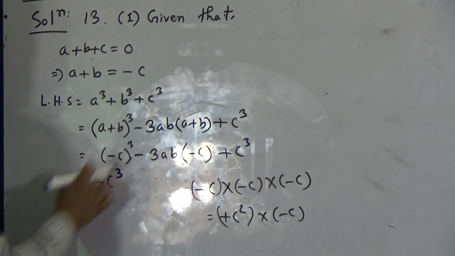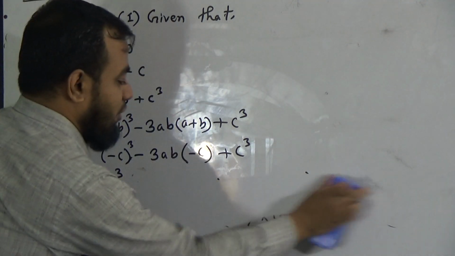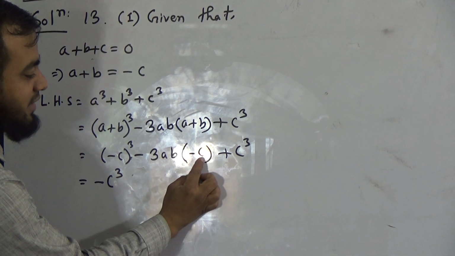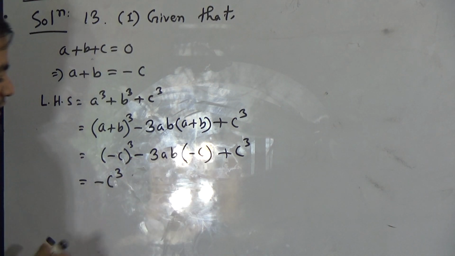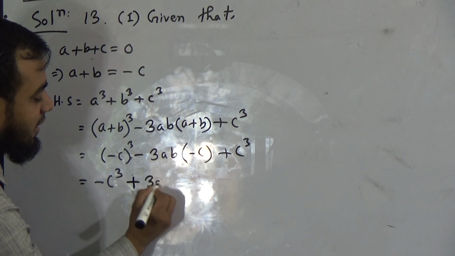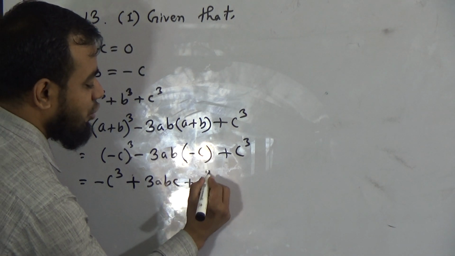So minus c whole cube means minus c cube, and also this thrice ab is multiplied with minus c. Minus sign and minus sign multiplied to each other will be positive thrice abc, and we will have the plus c cube unchanged.